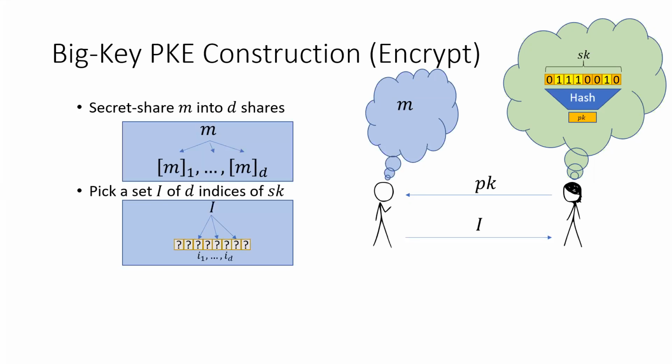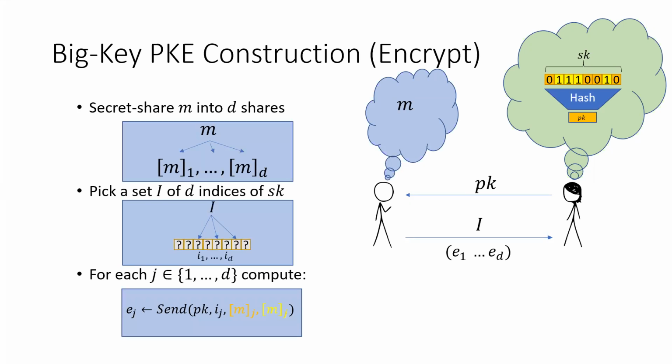And then he's going to pick a random subset of locations in Alice's secret key and use them to send the corresponding shares. So he's going to actually encrypt the shares of the message.